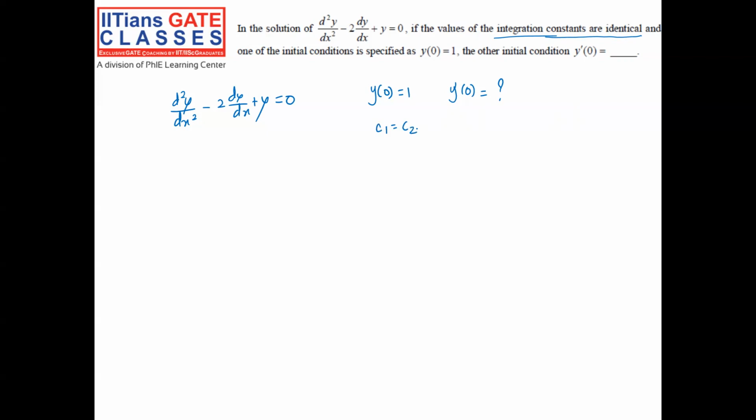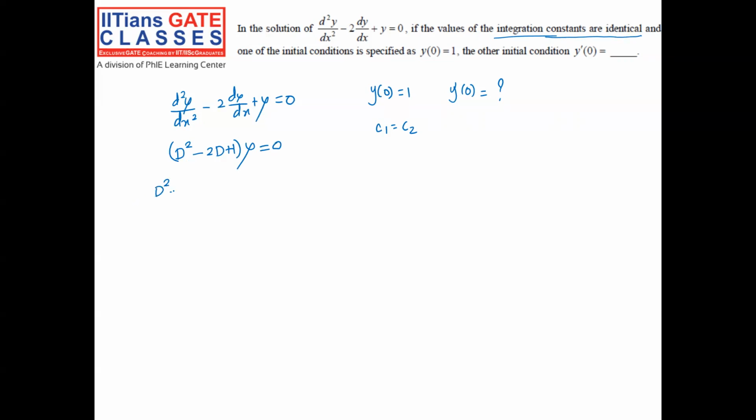So let's try to solve this differential equation. We can write it in a simplified version: D square minus 2D plus 1 times y equal to 0. It is a homogeneous differential equation, so only the complementary function will be the solution.